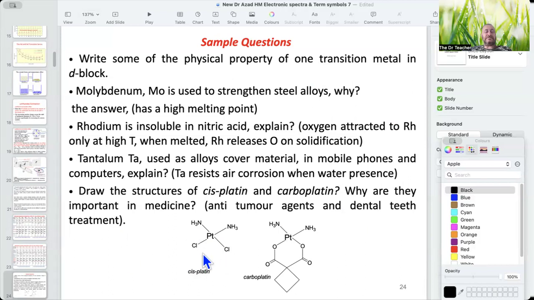This is cisplatin: 2 chloride, 2 ammonia, and it's square planar. Carboplatin: you can see the 2 nitrogens, but the chlorines are replaced by the carboxylate group.